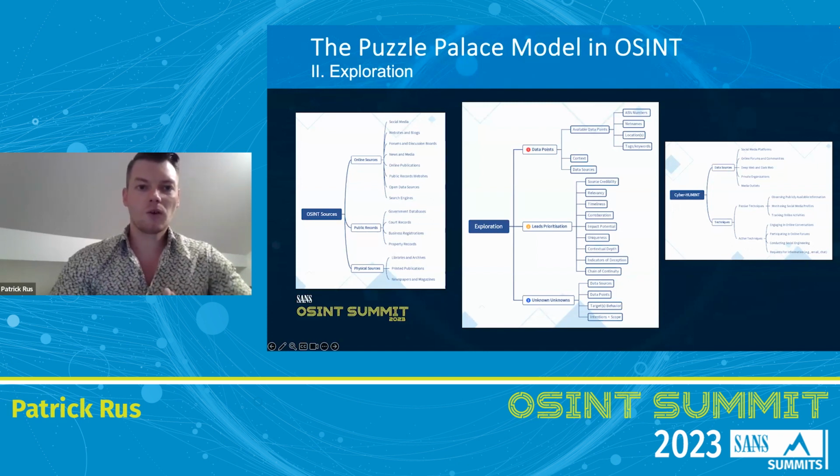Now, looking at the OSINT sources, we have three areas here: online sources, public records, and physical sources in some cases for the investigation, and Cyber-HUMINT, which is the phase after the OSINT in some of the cases, where you are gaining additional information based on what you have obtained during the OSINT investigation.